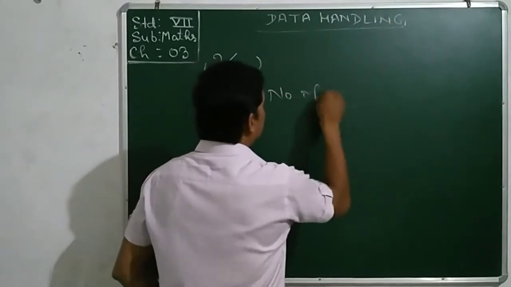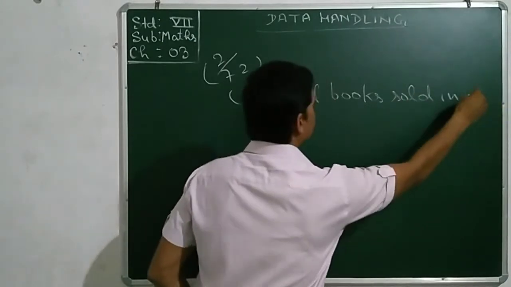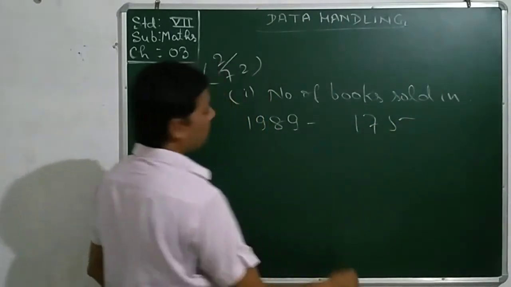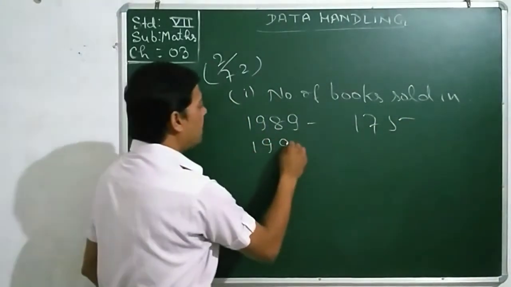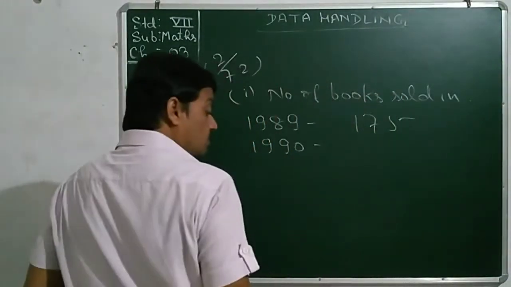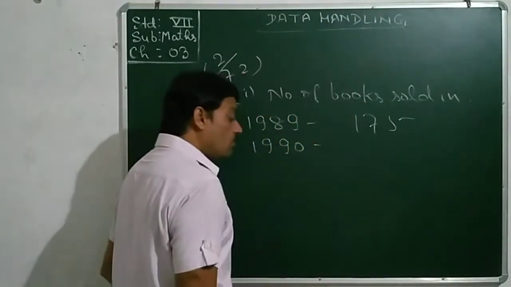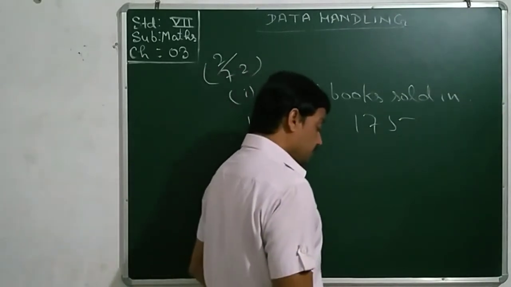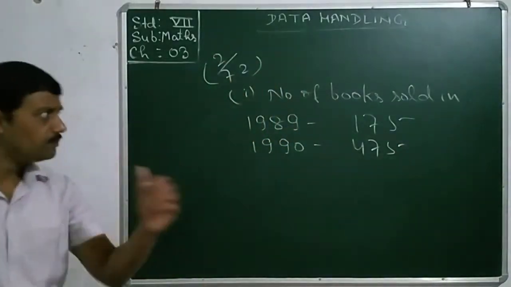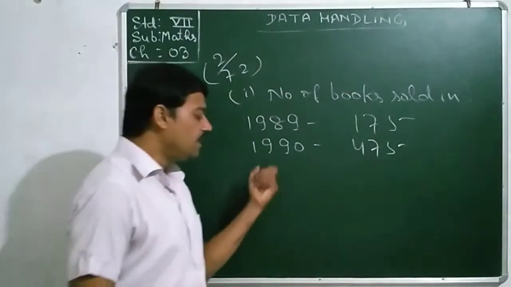Number of books sold in 1989 is 175. Similarly in 1990, look at the graph, where is the level? It seems to be 475, because it is more than 450 and less than 500, so approximately 475.